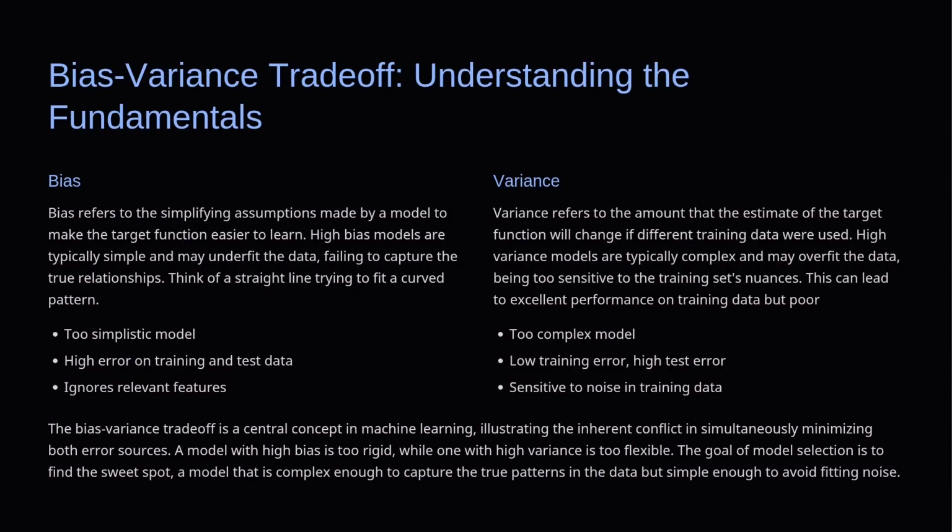Now, let's move toward understanding the bias-variance trade-off. So, basically, what is bias? Bias is an error due to overly simplistic assumptions, and you can take it as when we have high bias, it leads to underfitting. And talking about variance, it is the error from too much sensitivity to training data, and you can take it as when we have high variance, it leads to overfitting.